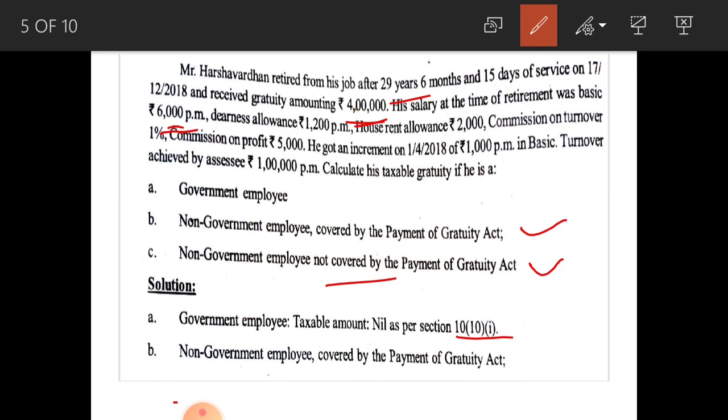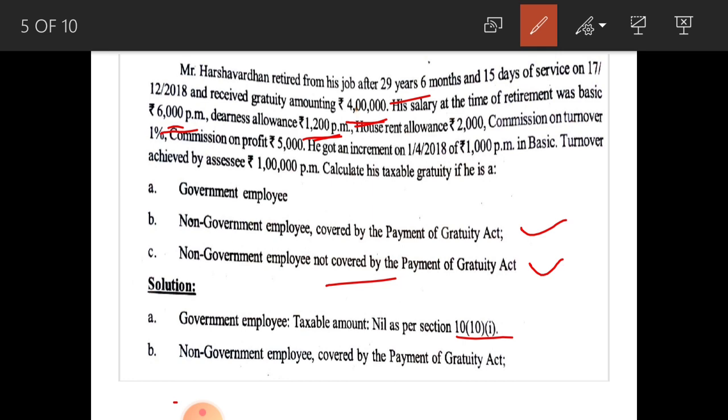If they mention the DA as a retirement benefit, then DA and commission on turnover you have to consider. As per that information, basic 6,000 per month, dearness allowance 1,200 per month. Only these 2 information you have to consider for the calculation for the employee covered by the Payment of Gratuity Act.